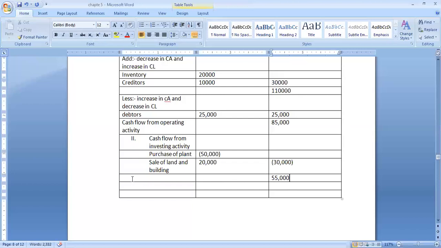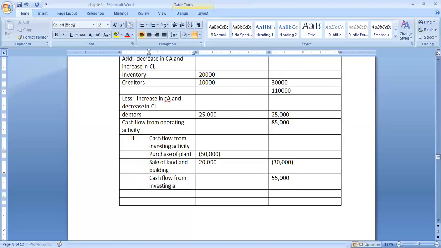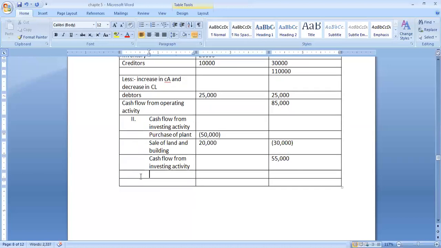So what is this called as? This is the cash flow from investing activity. Clear?